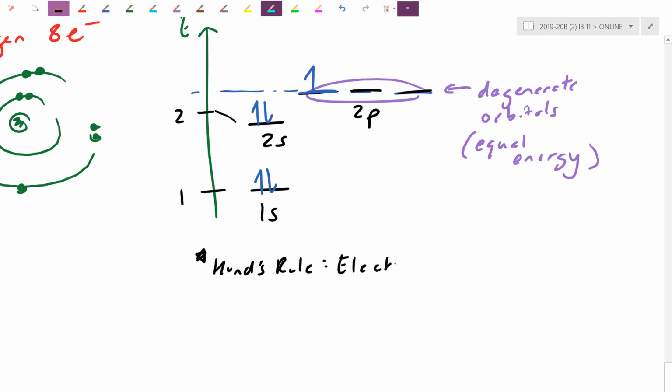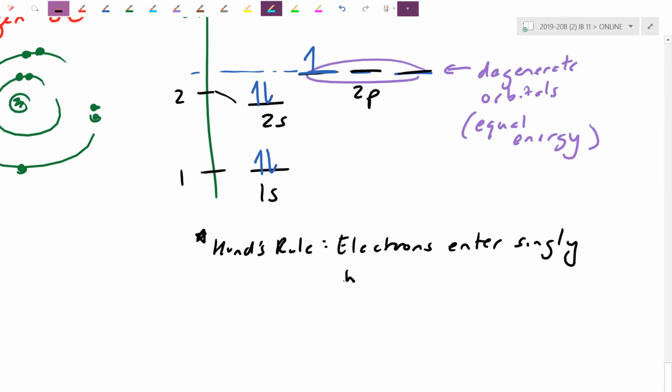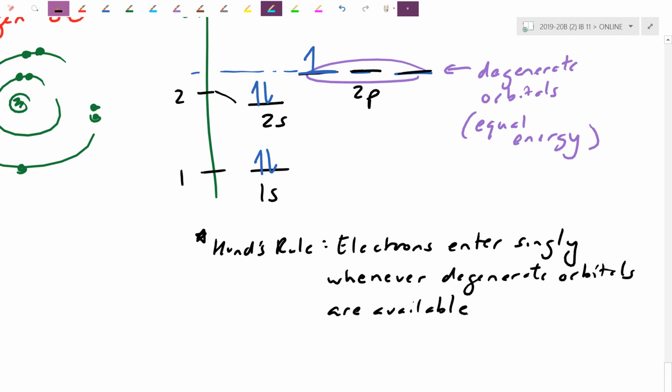It basically says that in this situation, electrons will always enter singly, one by one, whenever degenerate orbitals are available. It doesn't have to just be these 2p orbitals. When it's equally good to pair up with this one or be by myself, Hund's rule says electrons tend to prefer going in one by one.